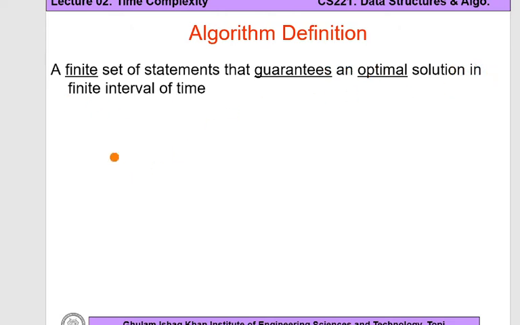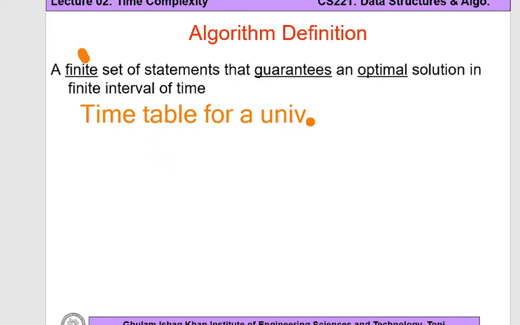Now, this is fine. Now, for example, I have a problem which says to create a timetable, right? You have to create a timetable for a university, right? So when you create a timetable for the university, the algorithm should execute in a finite set of statements. It should guarantee a solution, and the solution should be what? Optimal.